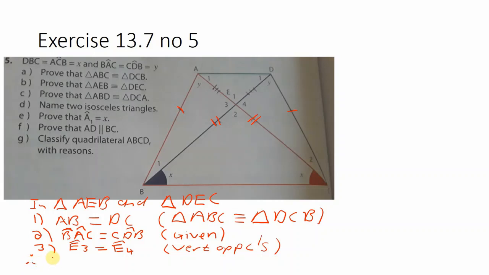Therefore, we know that triangle AEB is in fact congruent to triangle DEC. Reason: we have a side, we have two angles, so it's angle, side, angle.